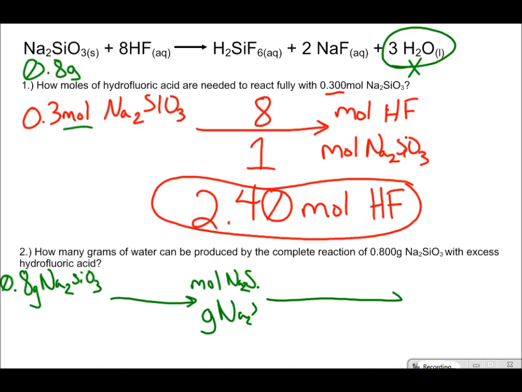After we figure out how many moles we have, we can figure out how many moles of water that would produce, and that's the mole-to-mole ratio again. And once we know how many moles of water, it's a simple hop, skip, and a jump to go from moles of water to grams of water.